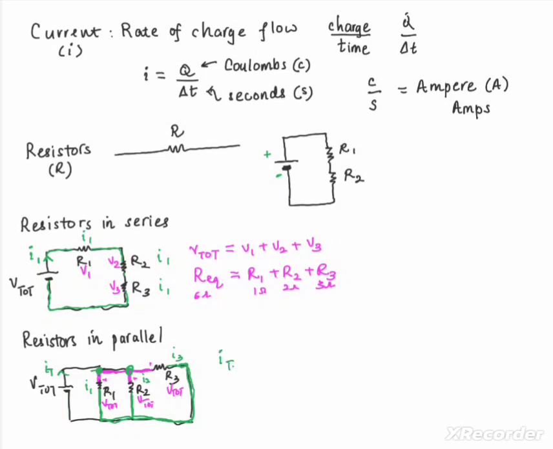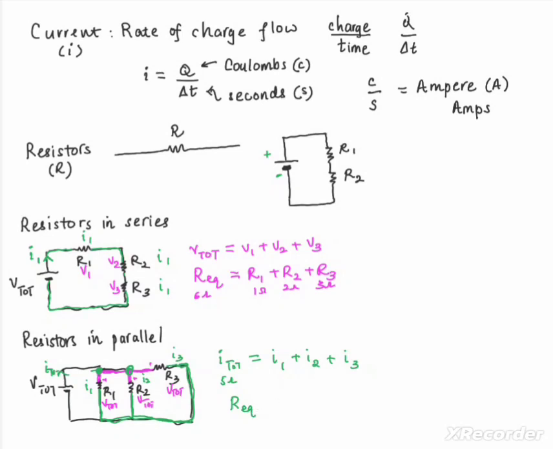So I total, which is the current that goes through the battery, is equal to I1 plus I2 plus I3. Let's say I total had 5 amps. Then I1, I2, and I3, when you add the three together, must equal 5 amps. So how do we find the equivalent resistance here?